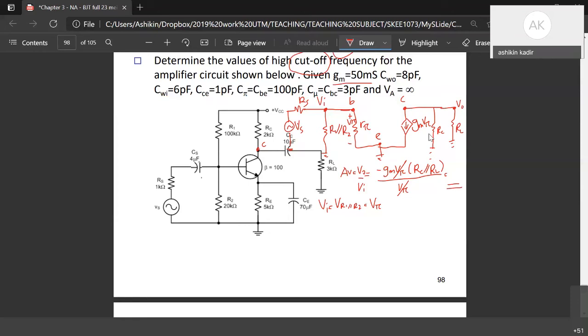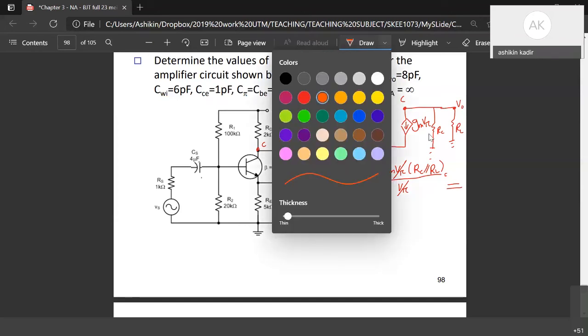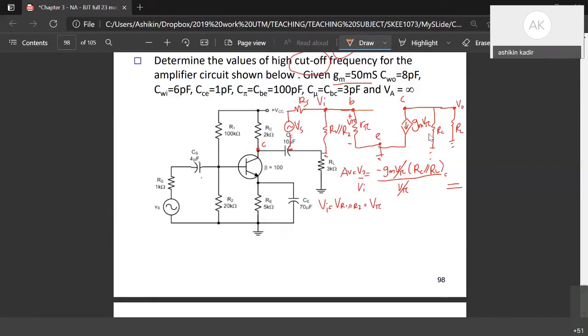After that, you need to apply the Miller theorem for CBC, right? Now CBC you represent with Miller theorem. So you have C Miller input and also C Miller output.